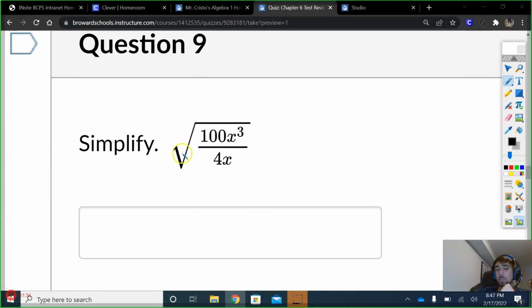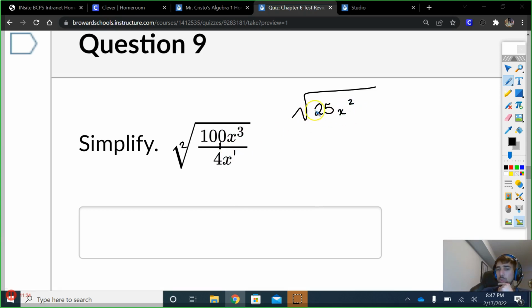Remember, guys, this is a radical 100x cubed divided by 4x. So there's a little tiny 2 in here, and the index is a 2 there. So I can start simplifying the stuff on the inside. I can do 100 divided by 4, which is 25. And then x cubed divided by x to the 1 power is going to give you x to the 2nd power.